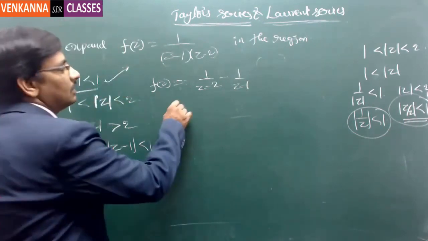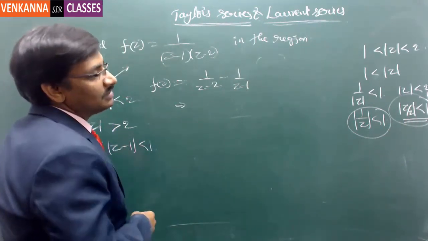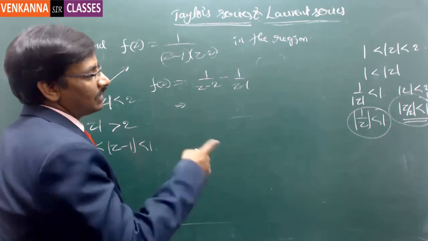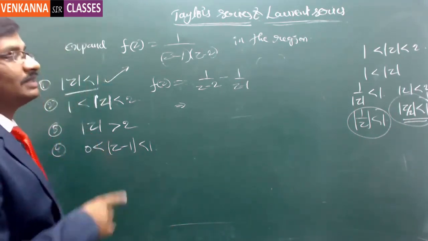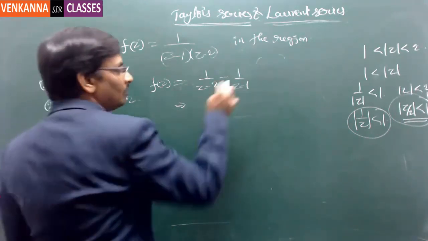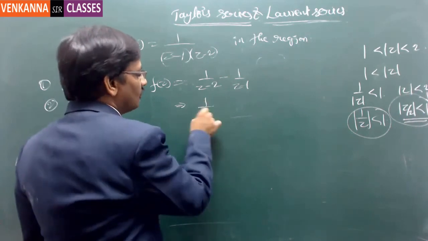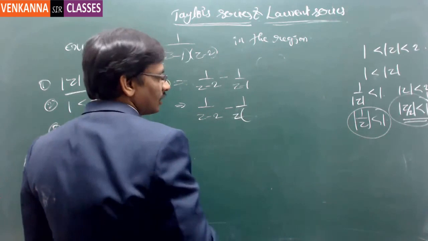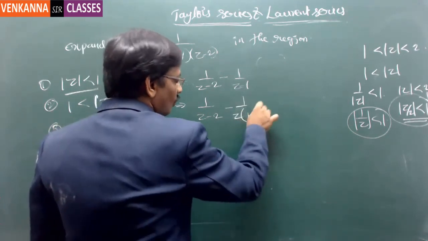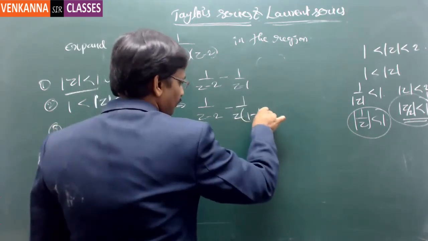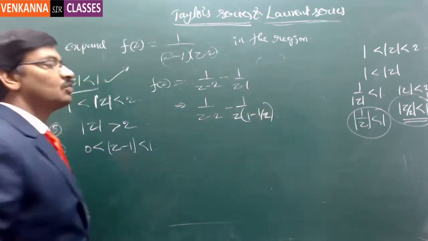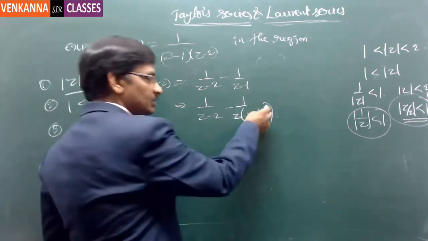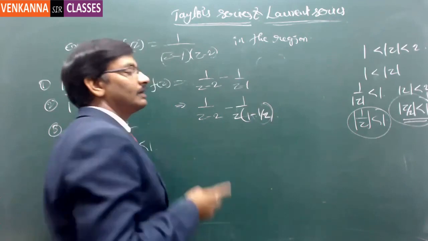See this. Now here, first case, z by 2 is less than 1 and another case is 1 by z is less than 1. So mandatorily what I need to do is take 1 by z out from 1 by z minus 1, and then write this as 1 minus 1 by z. Why have I written 1 minus 1 by z? This part should be less than 1.